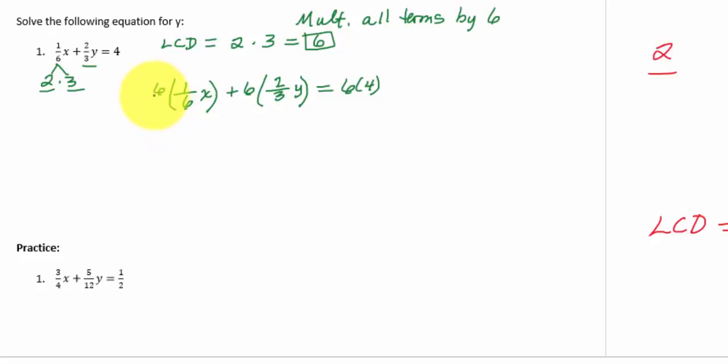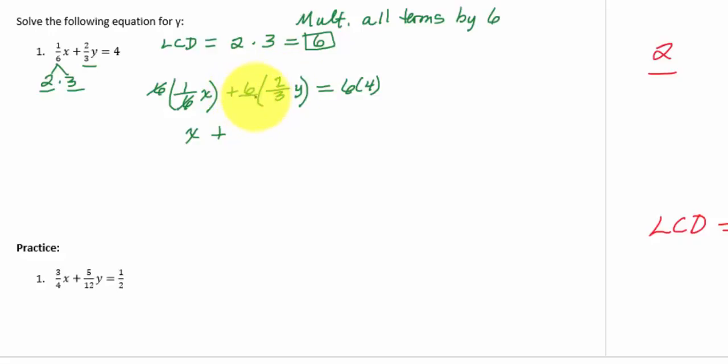So you can see that when you multiply 6 times 1/6, 6 is reducing from the problem, and we're left with x. No fraction is used there. In the next term, we have addition, and we have 6 multiplied by 2/3 y.